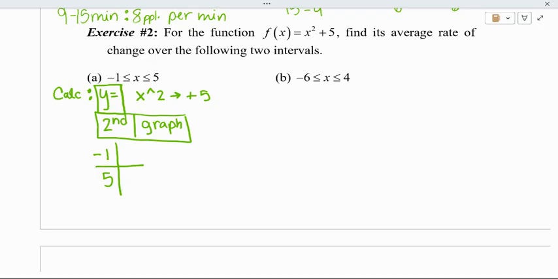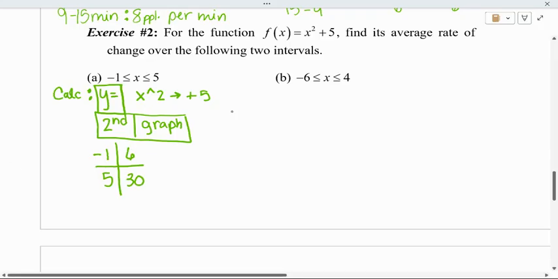Okay. Looking for a table. Okay. So when x is -1, we got 6. And when x is 5, we got 30, right? Okay.